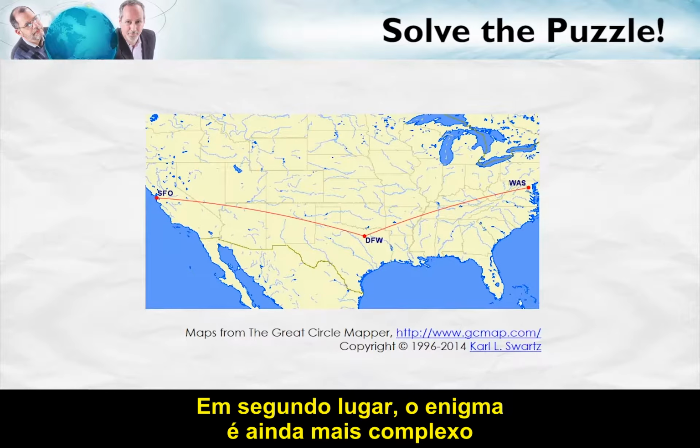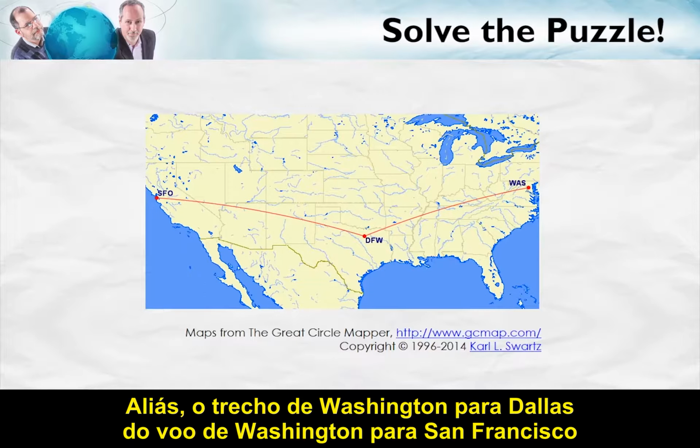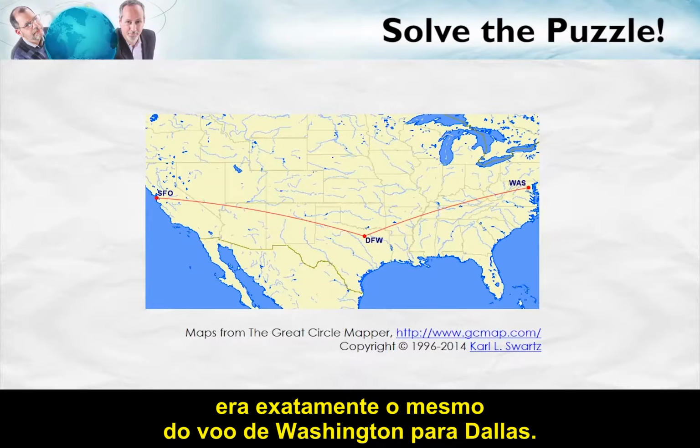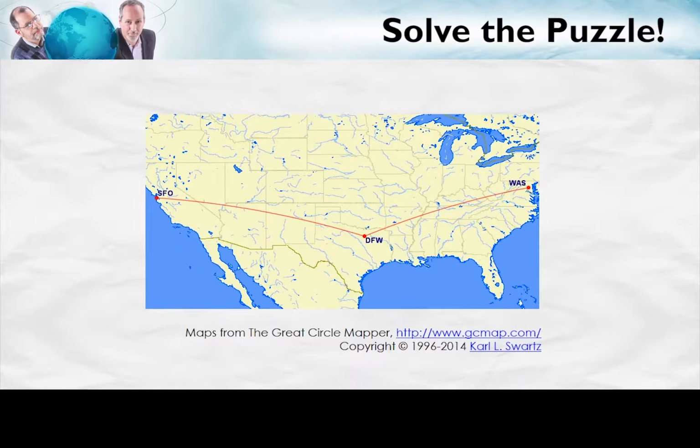Second, the puzzle's even deeper, because the flight from Washington to San Francisco ran through Dallas. In fact, the Washington to Dallas segment of the Washington to San Francisco flight was exactly the same flight as the Washington to Dallas flight. So why would one segment of the Washington to San Francisco flight be more expensive than the entire flight?